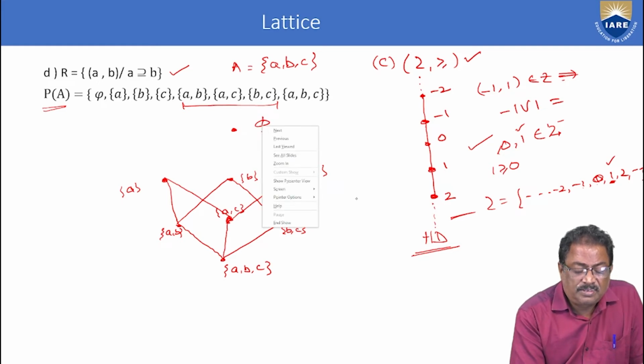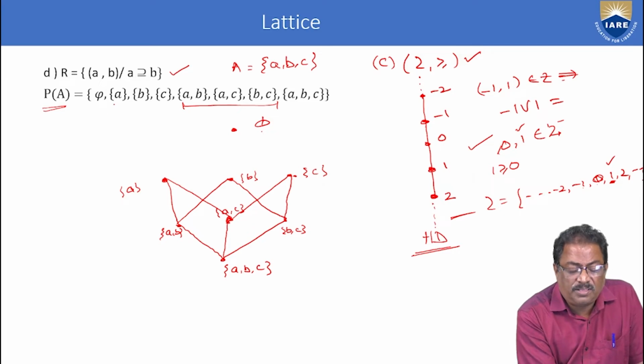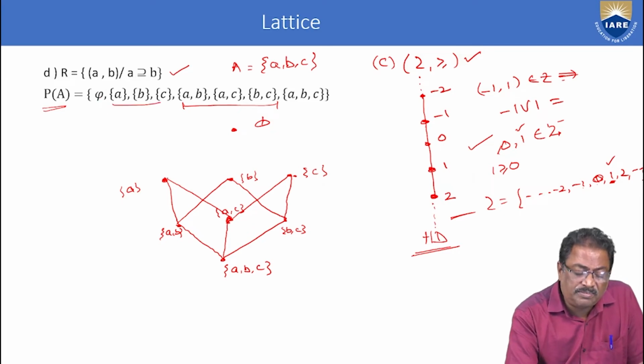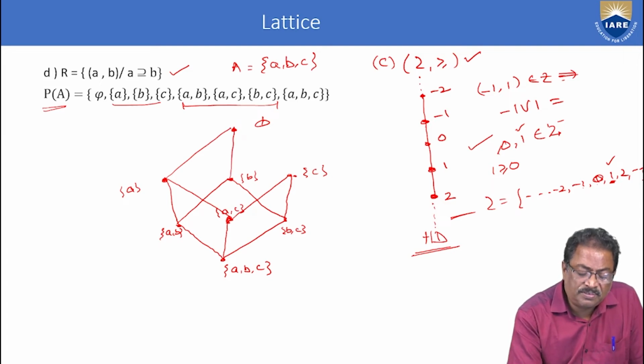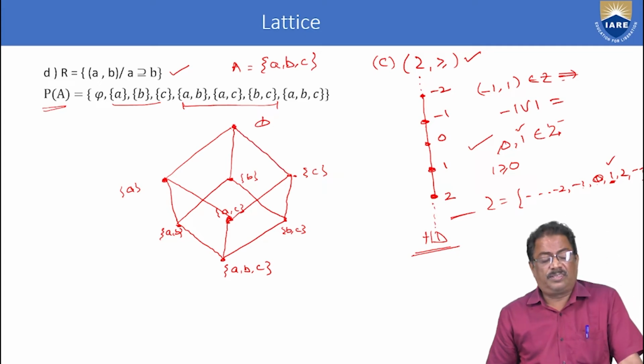So this is what we have: the null set and ABC, and so on. So this is the Hasse diagram for this.